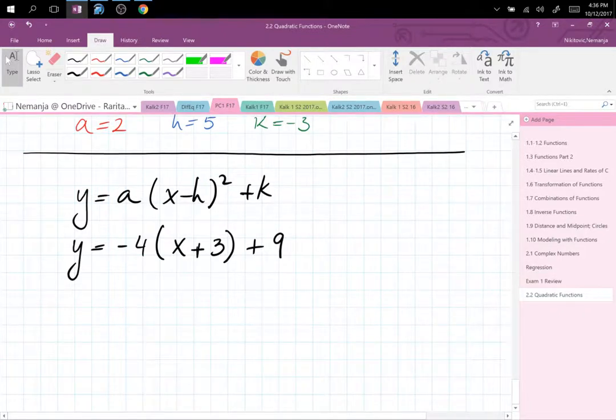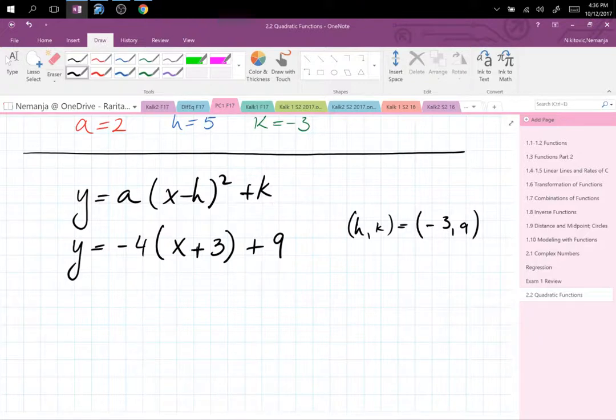What's h, k? -3 and 9. Why is it -3 and 9? Yes.